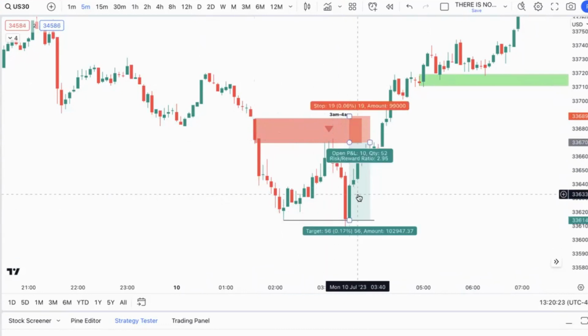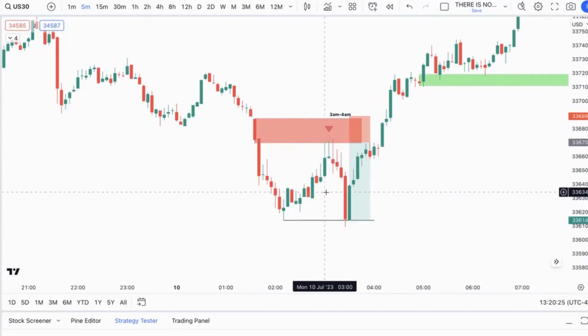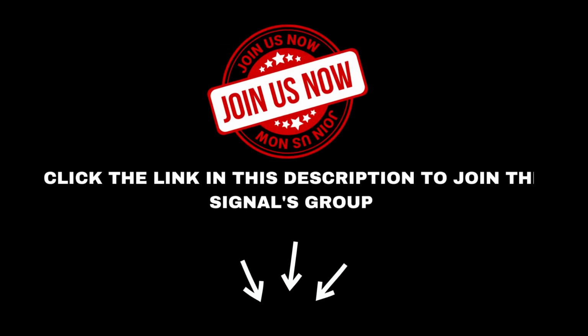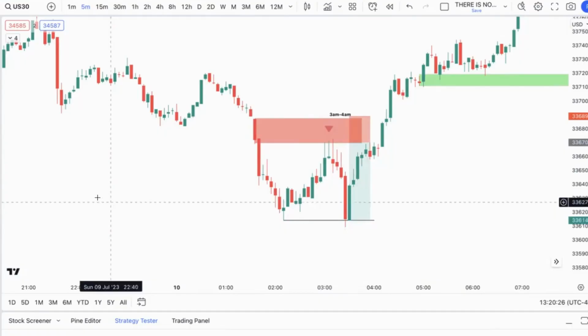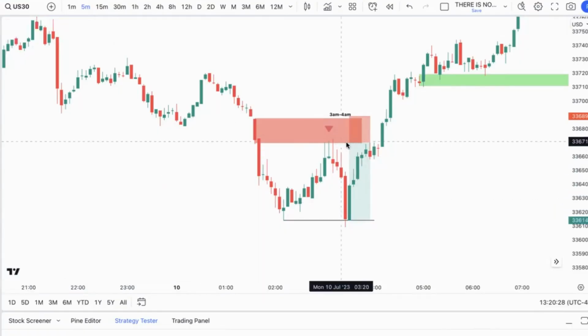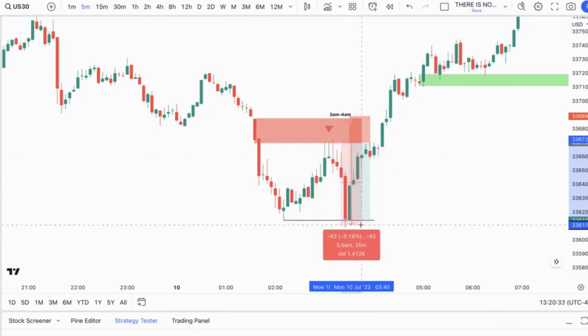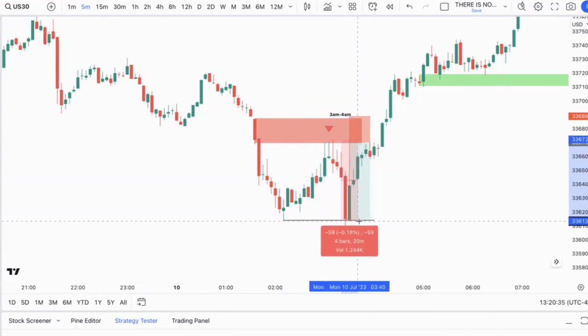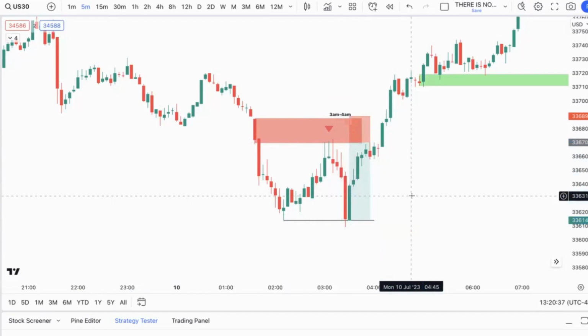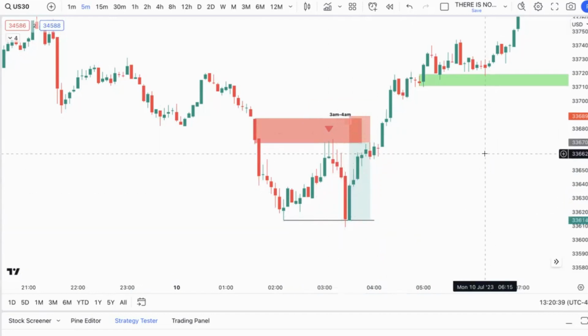And I think this went for about 56 points, which still brings us above the 15-point minimum. And let's see how long this took from entry to TP. So from entry to TP, guys, this took only about 20 minutes to get through with.